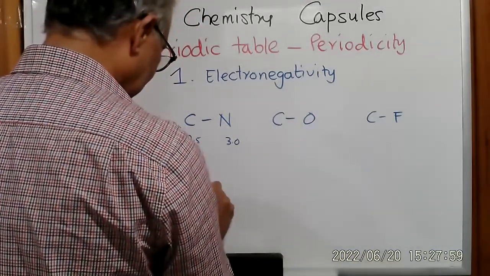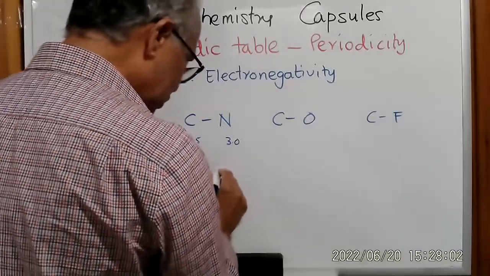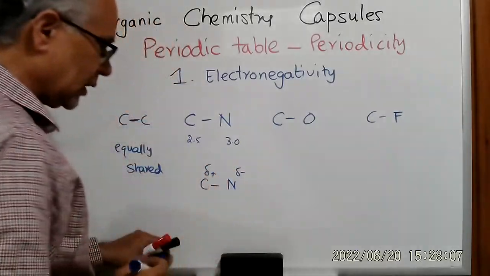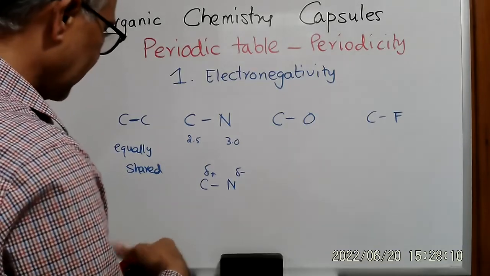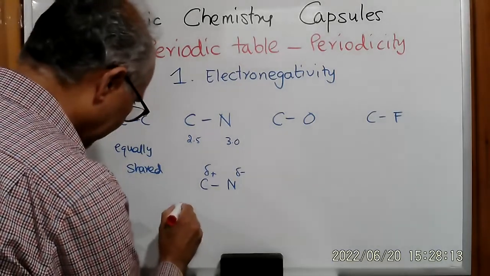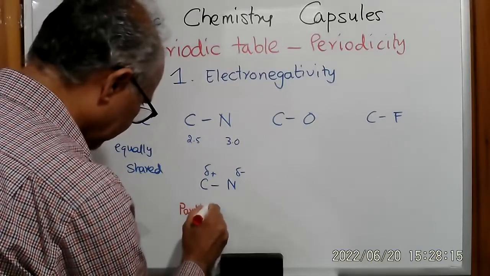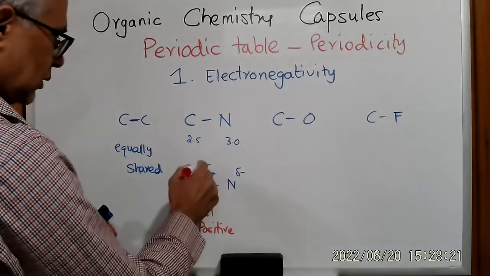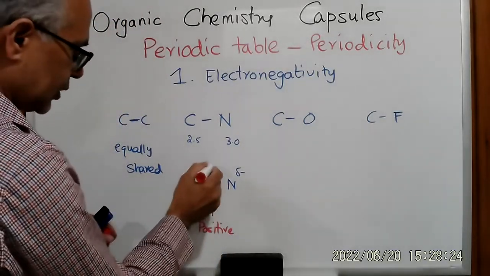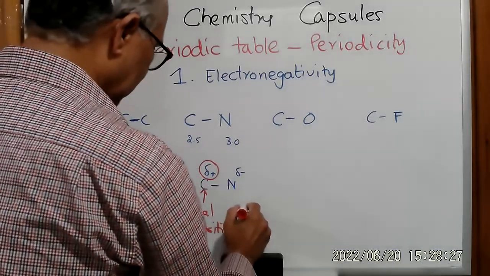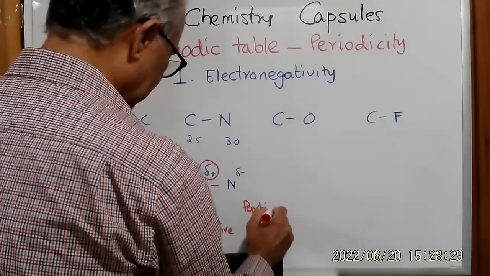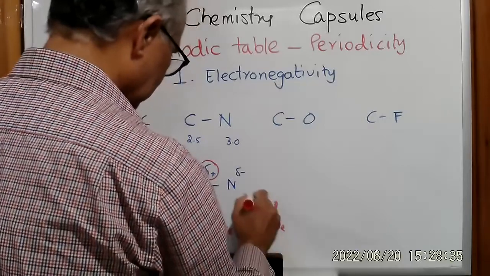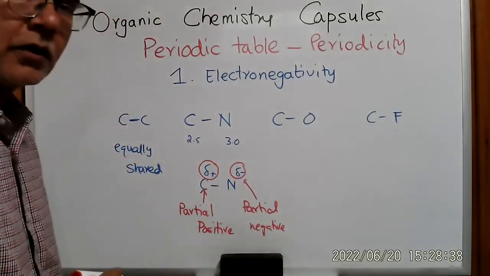So then we say that nitrogen will have a delta negative and carbon will have a delta positive, which we write as partial positive charge on the carbon, denoted by delta plus, and nitrogen will have a partial negative charge denoted by delta minus.